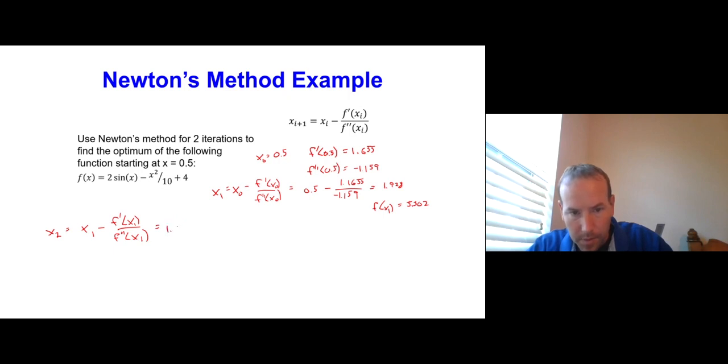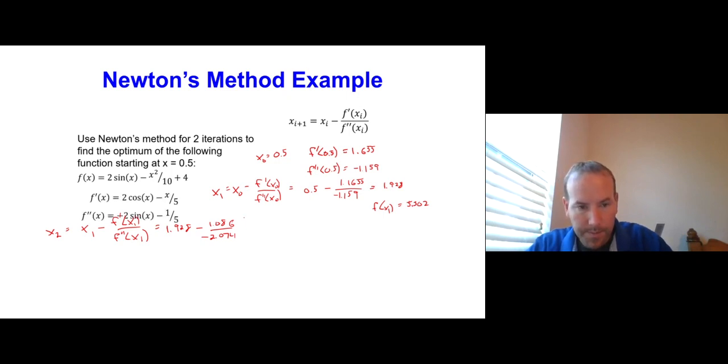That equals 1.928 minus 1.086 divided by 2.074. Sorry, those didn't show up before. You'd have to plug those into these formulas in order to get these values.